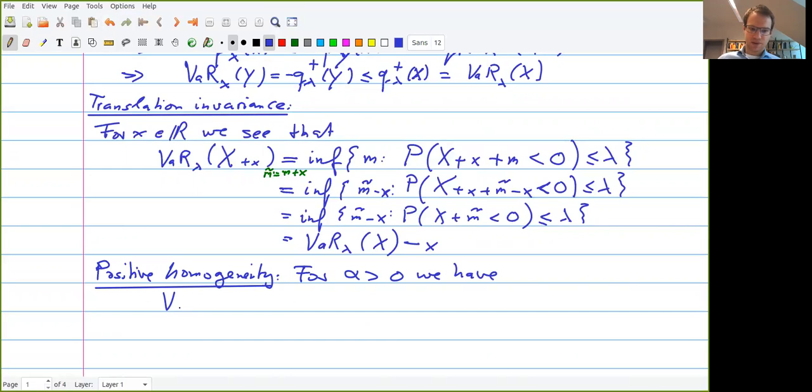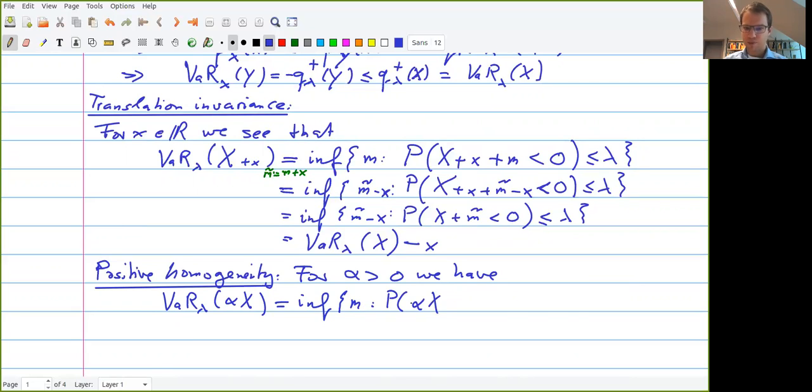So we want to consider the value at risk at level lambda of the financial position alpha times x. And now we want to verify that we can pull out the constant alpha. All right, let's do this. Again, we use our representation we verified last time.